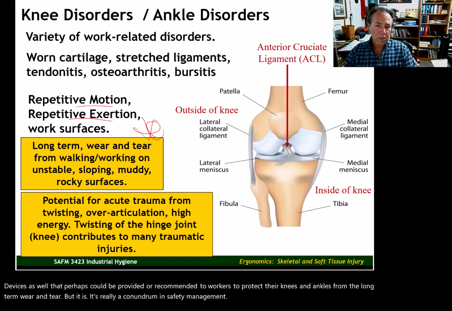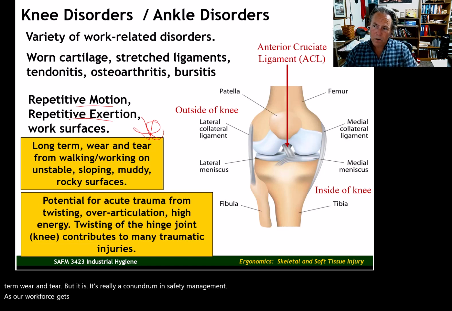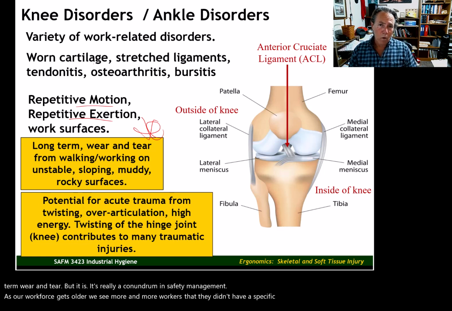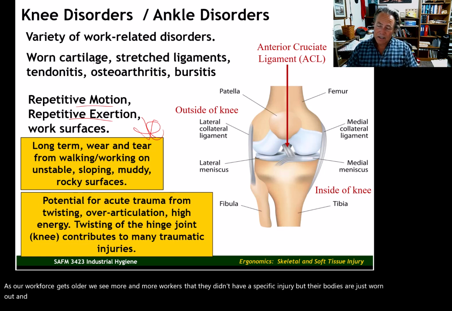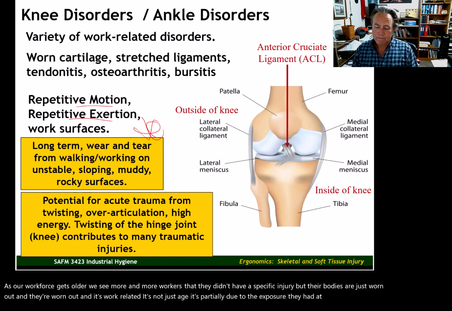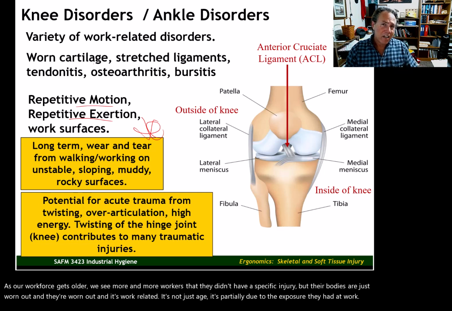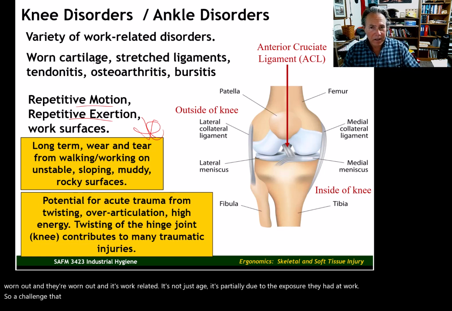As our workforce gets older, we see more and more workers that didn't have a specific injury, but their bodies are just worn out. And they're worn out, and it's work-related. It's not just age. It's partially due to the exposure they had at work. A challenge that I had to deal with, and you'll probably have to deal with yourself as a safety manager.